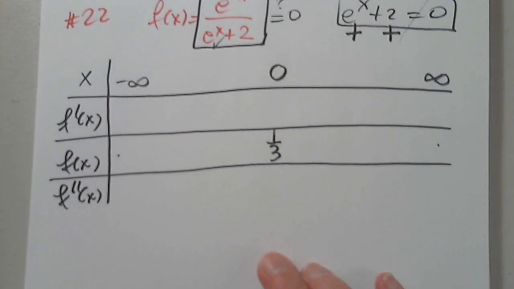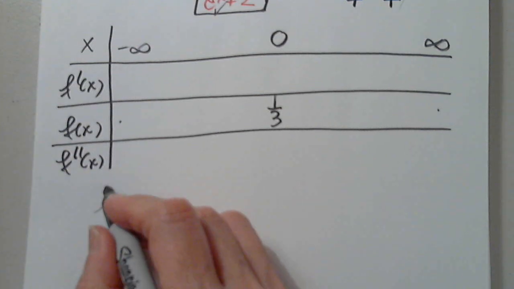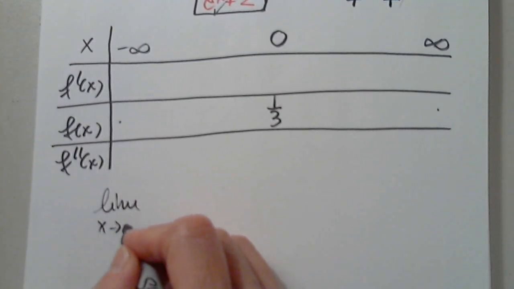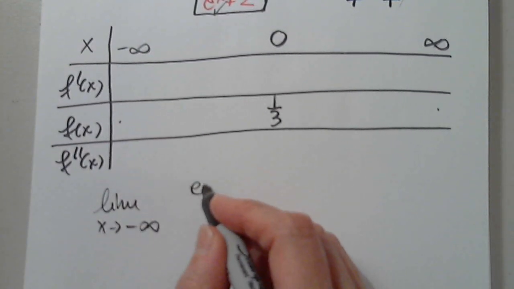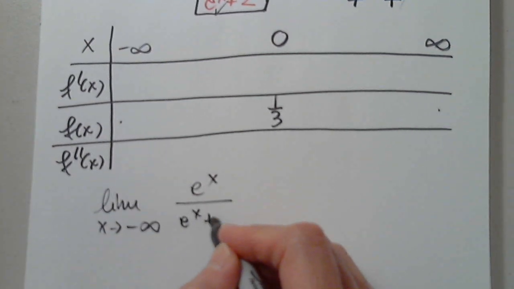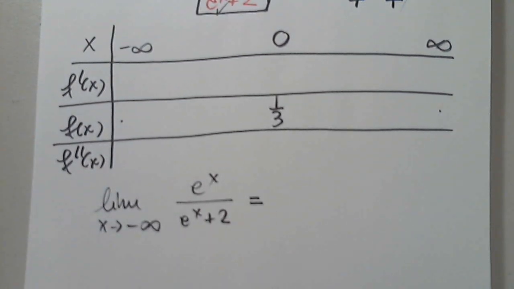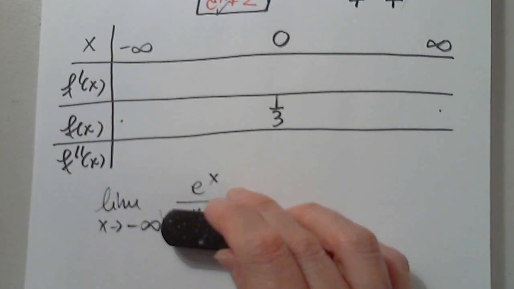We move on to the first derivative. So limit as x approaches negative infinity of e to the x over e to the x plus 2. If you remember with limits, we have to plug it in first. So let's plug it in.